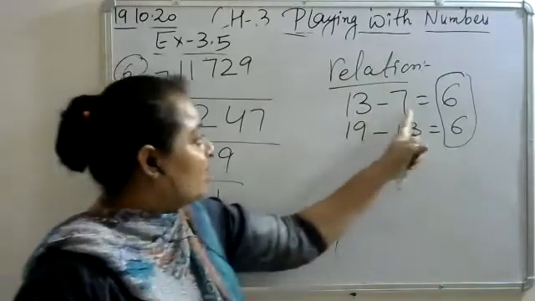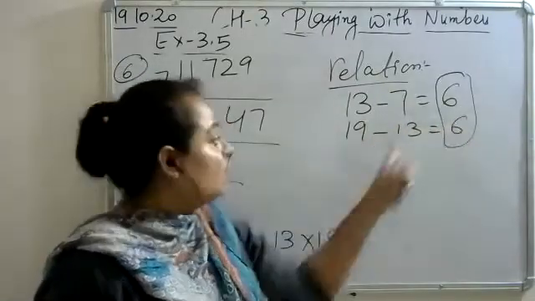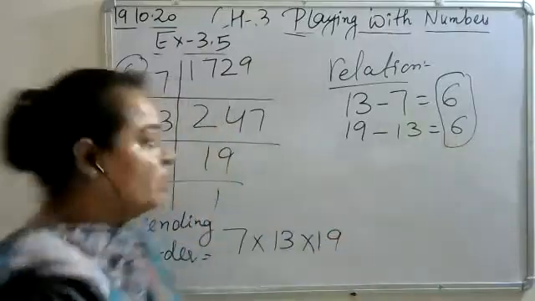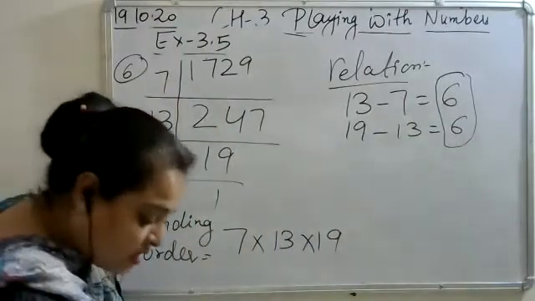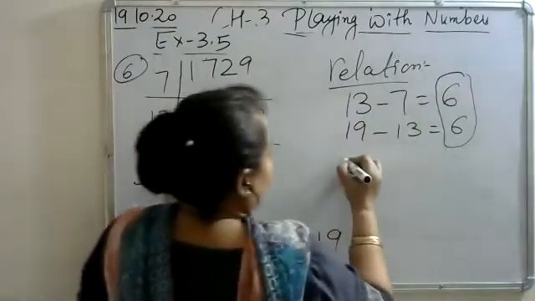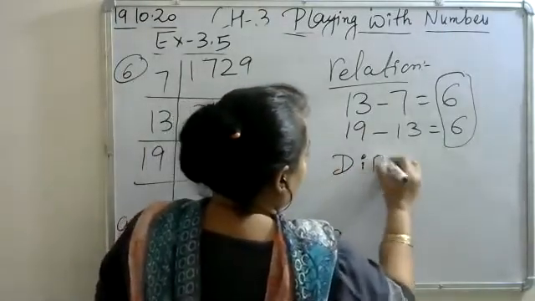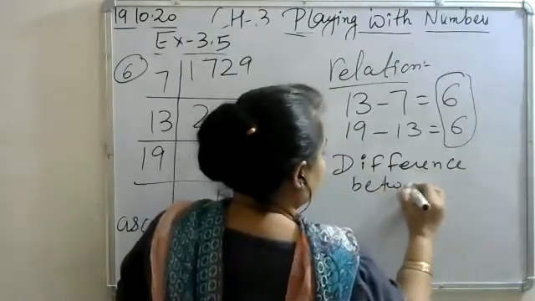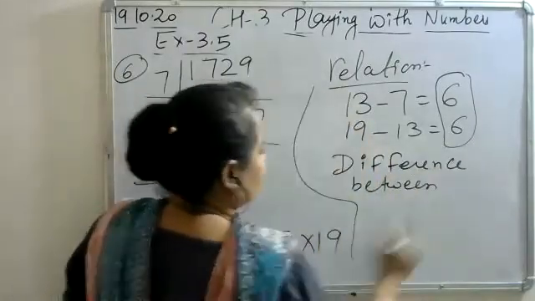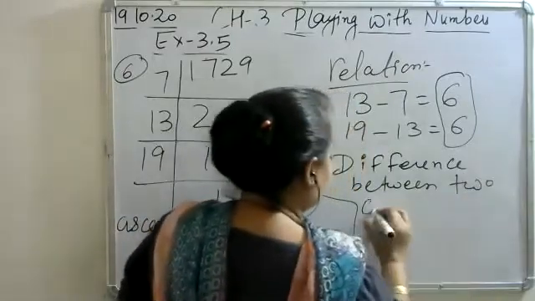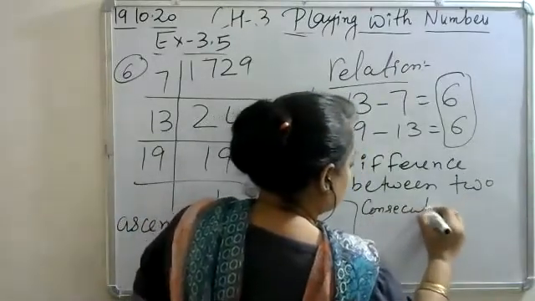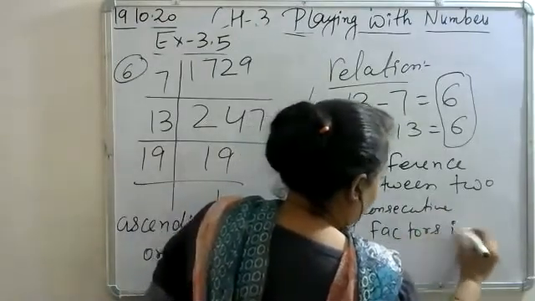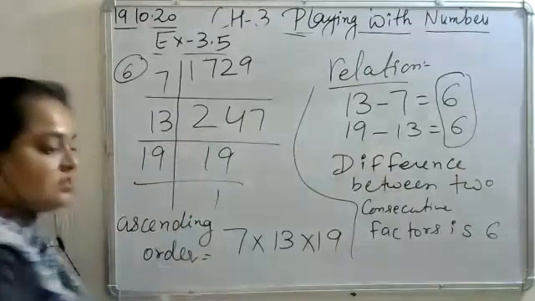So 13 minus 7 is equal to 6 and 19 minus 13 is equal to 6. This is the relation. So you will write here the relation: the difference between two consecutive factors is 6.